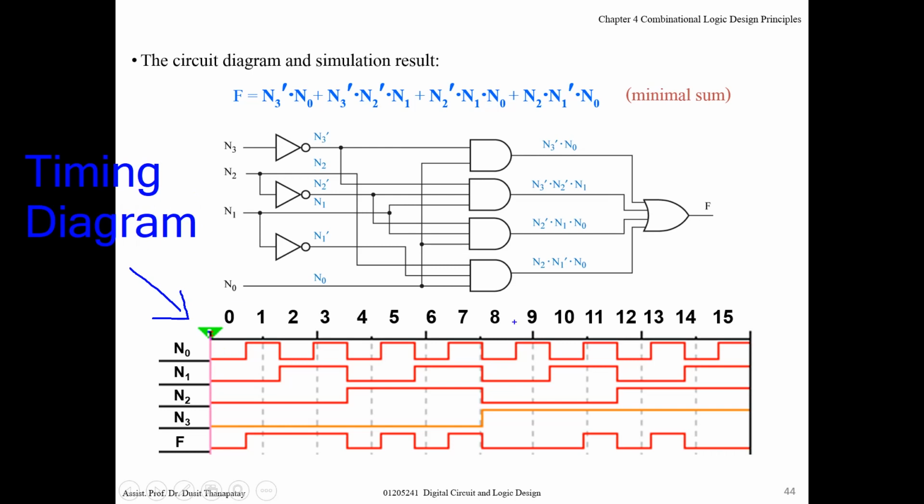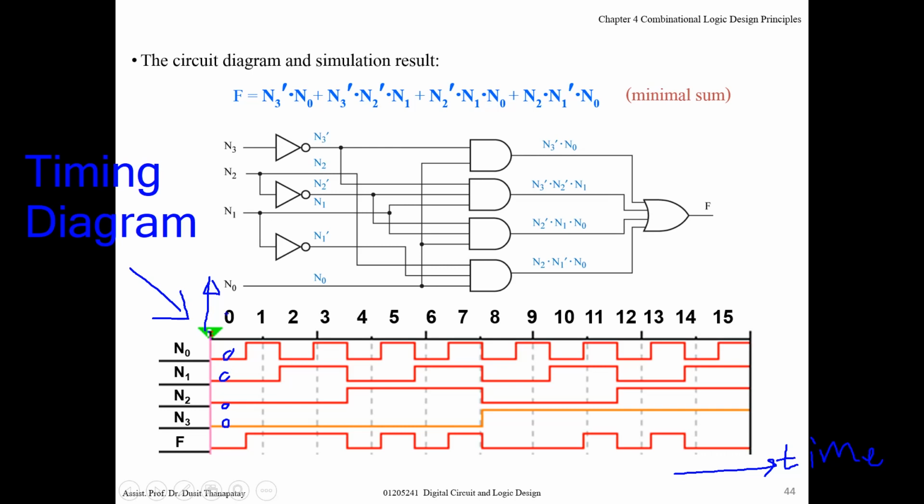This axis is time, and the vertical axis is logic, high and low. Logic 0, logic 1. For example, in this duration N3, N2, N1, N0 is 0, 0, 0, 0.